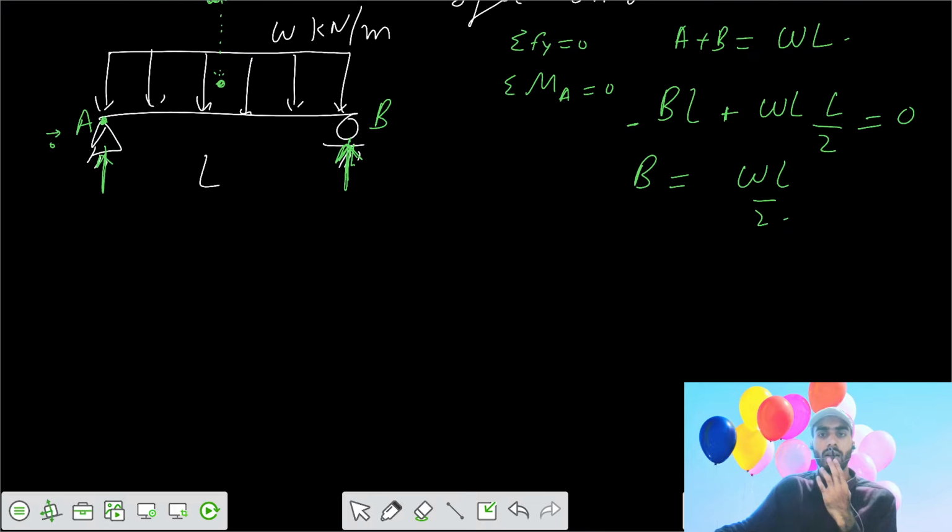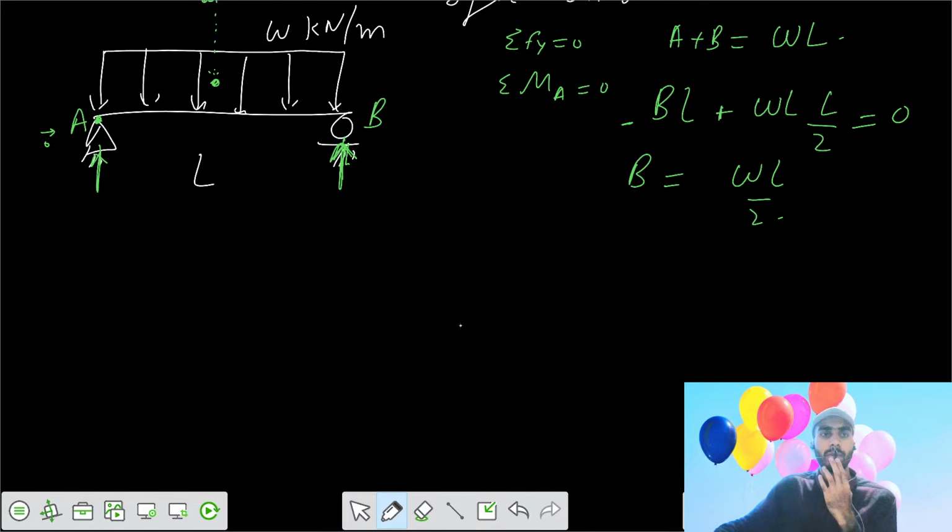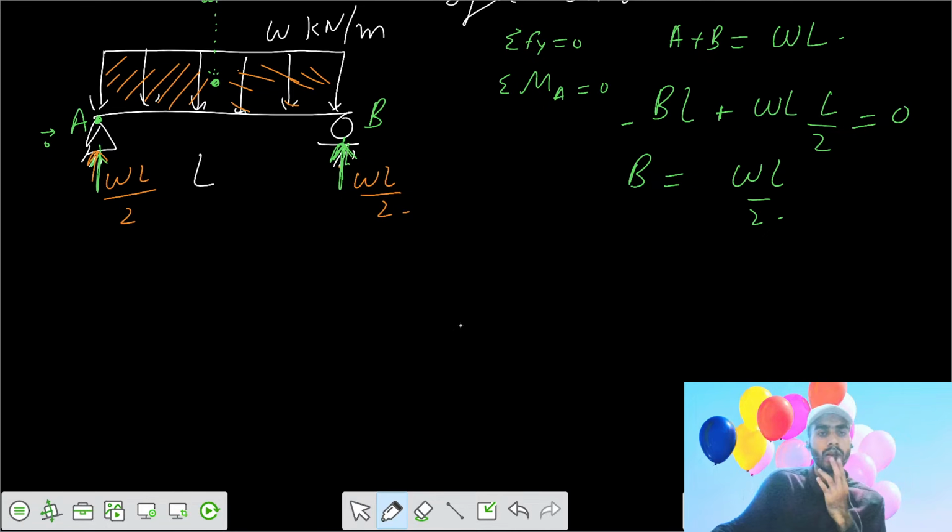Let's say this part of the loading goes to reaction A, and this part goes to reaction B. So this is W into L divided by 2, and this is also WL by 2. Now we need to calculate the shear force and bending moment diagrams.